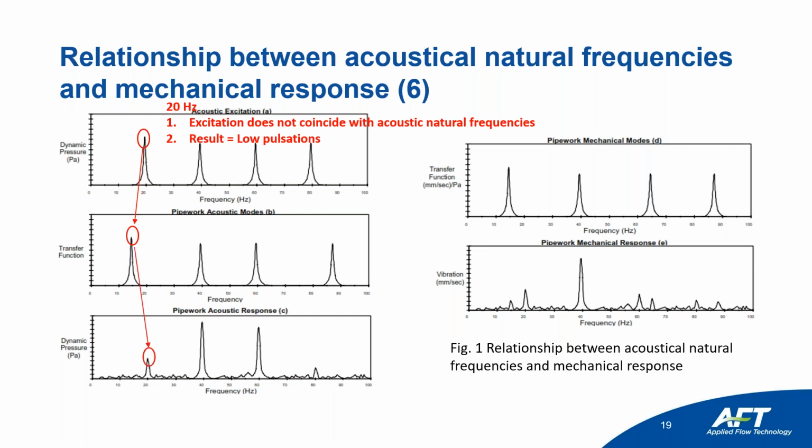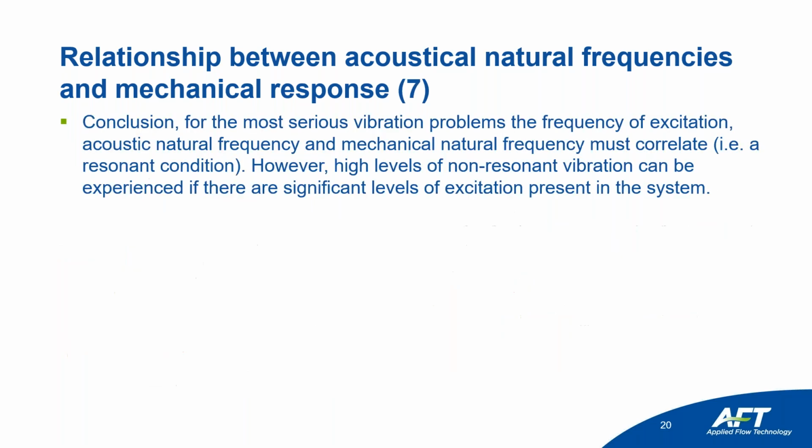Results, low pulsation. Consequent result, low displacement. Conclusion. For most serious vibration problems, the frequency of the excitation, acoustical natural frequency, and mechanical natural frequency must correlate. However, high levels of non-resonant vibration can be experienced if there is a significant level of excitation present in the system.